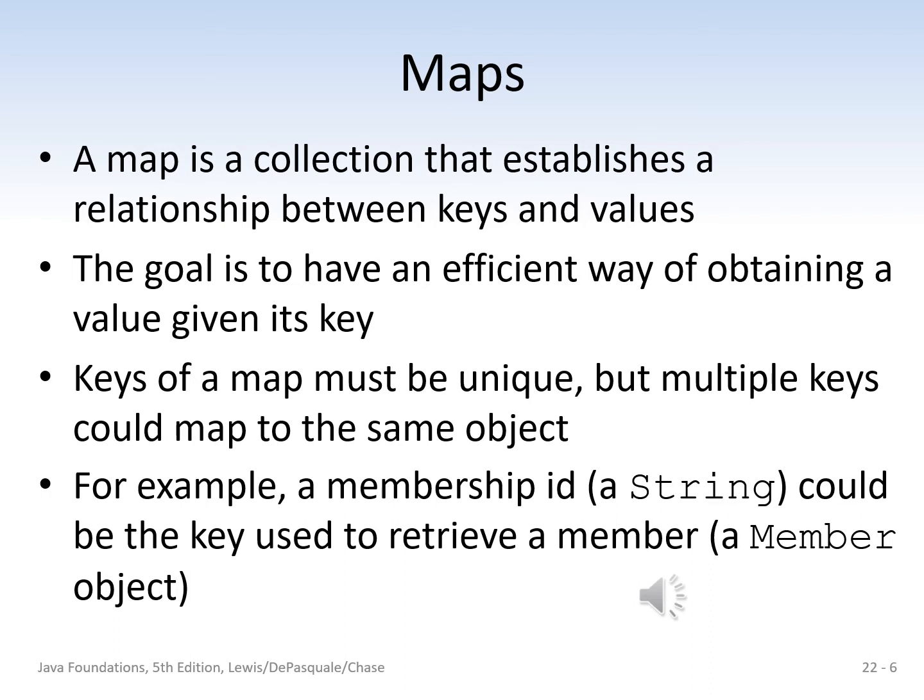So in a map, the goal is to have an efficient way of obtaining a value given its key. So the keys have to be unique, but multiple keys could map to the same object. An example is a membership ID, a string, which could be the key used to retrieve a member object.